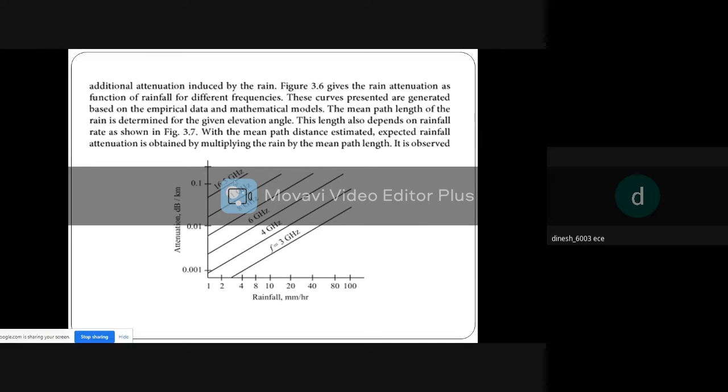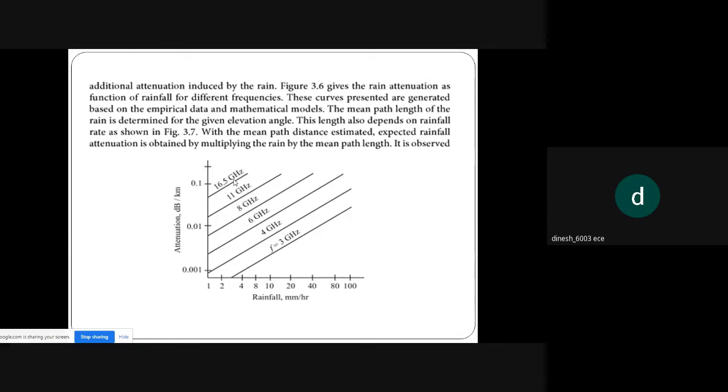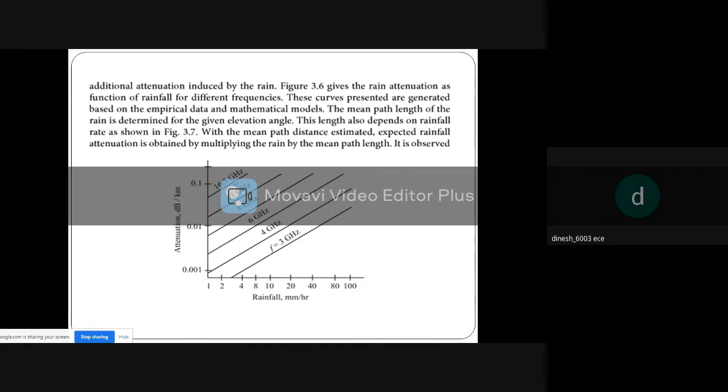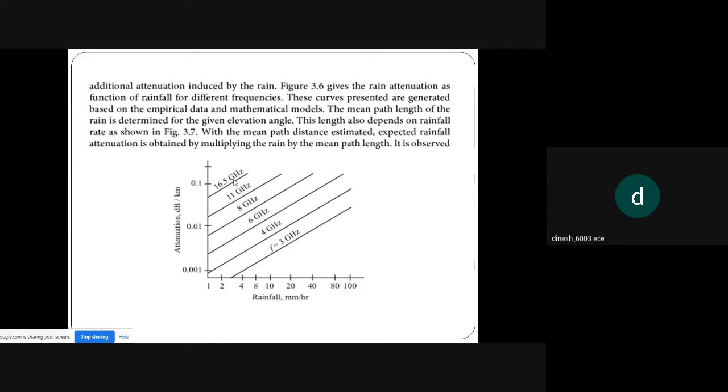The graph shows the rain attenuation as a function of rainfall for different frequencies. You can have 3 gigahertz, 4 gigahertz, 6, 8, 11, 16.5 gigahertz frequencies, showing how much attenuation has taken place with respect to rainfall, measured in millimeter per hour.